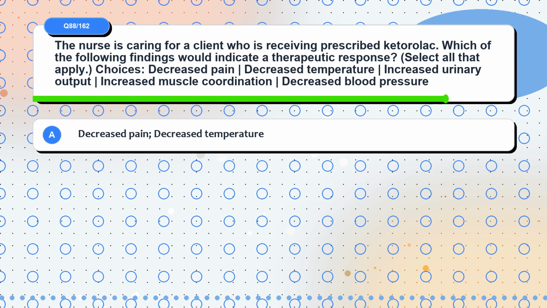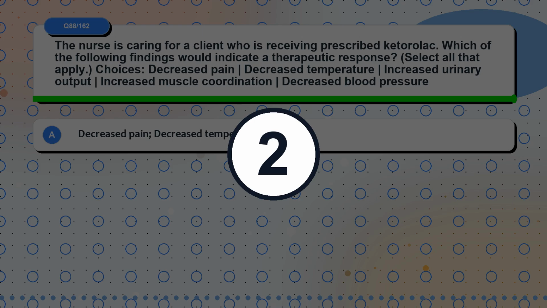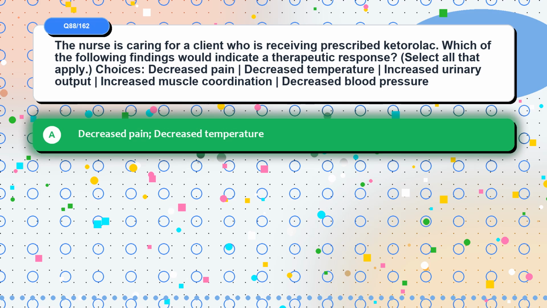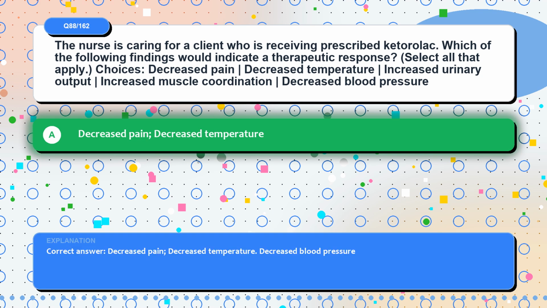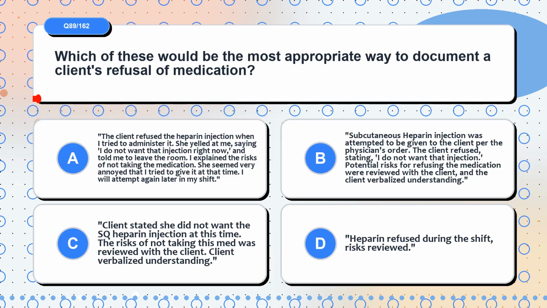Option A, decreased pain, decreased temperature. The correct answer is option A, decreased pain, decreased temperature.